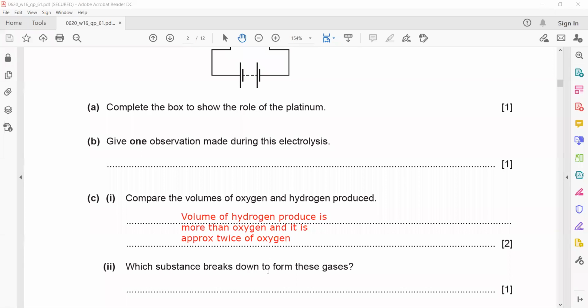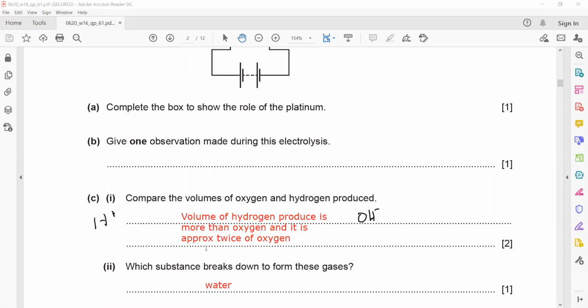Which substance breaks down to form these gases? We are getting hydrogen gas and oxygen gas. So which substance decomposes to give these gases, oxygen and hydrogen? Water is the correct answer.